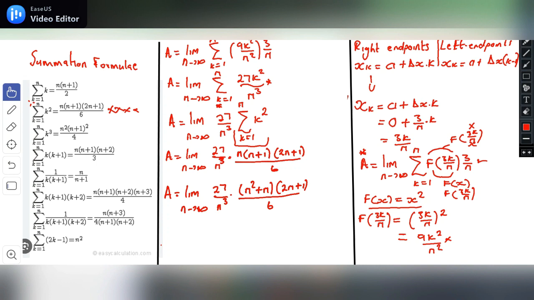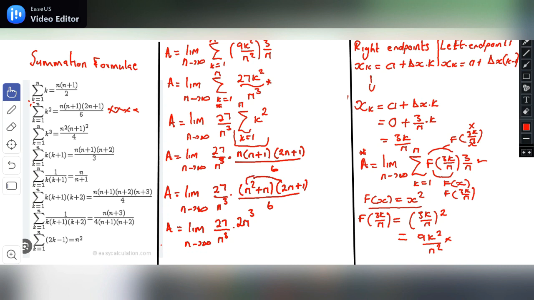So now what we are going to do is also multiply this. We can use the FOIL method, over n cubed multiplied by, we're going to have n times 2n is going to give us 2n cubed.